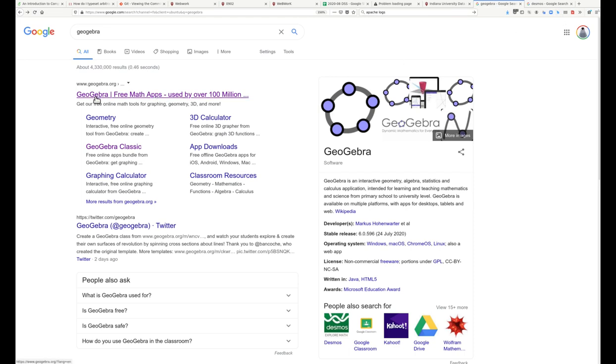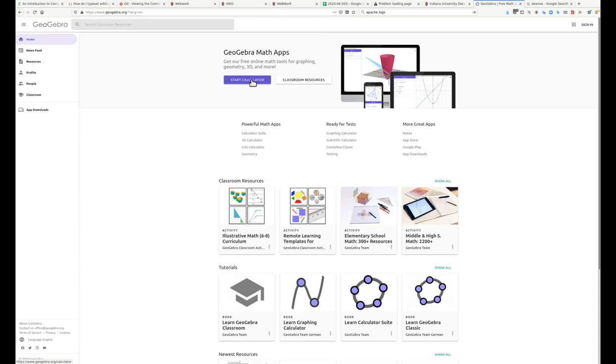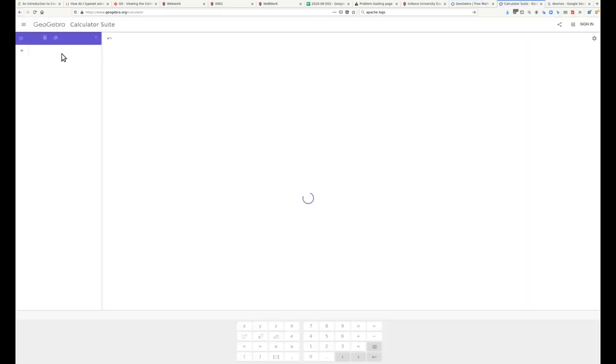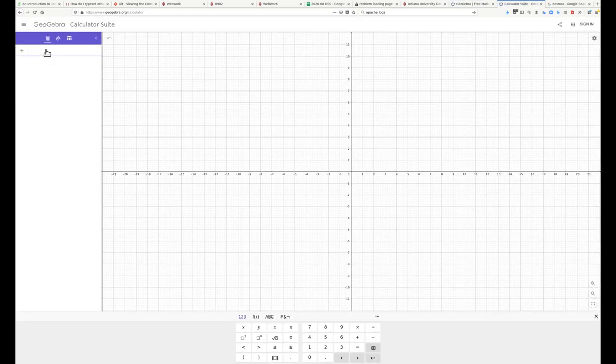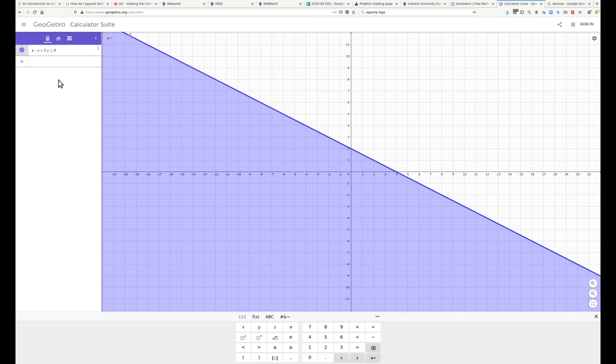GeoGebra, it's like algebra, except it begins with GEO instead of ALG. Okay. And you can start the calculator, and then over here, you can just type in the inequality you want to graph. So x plus 2y is less than, so I'm typing the less than, and then the equals key, and it turns it into less than or equals 4. There we go. That's nice.